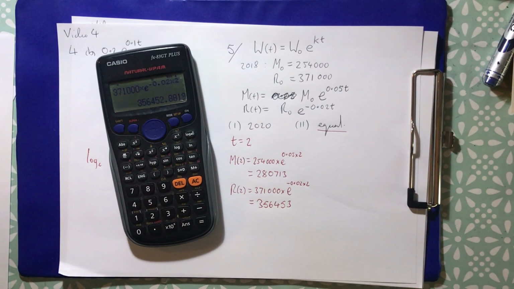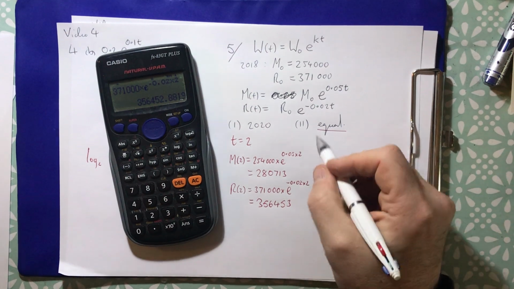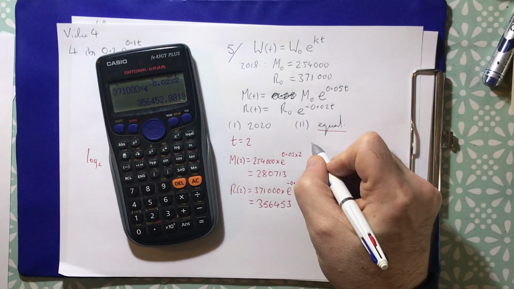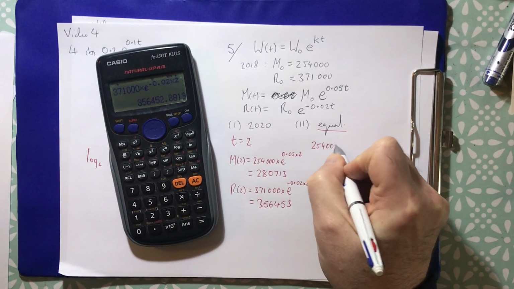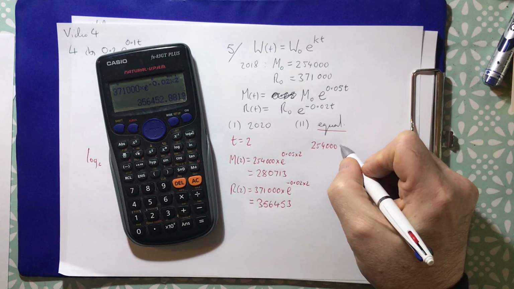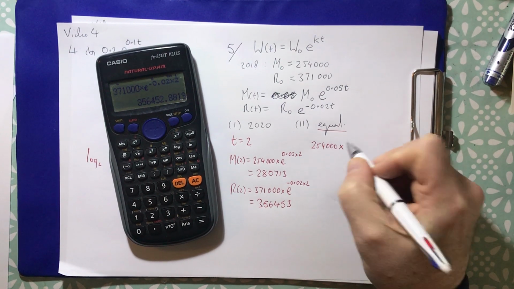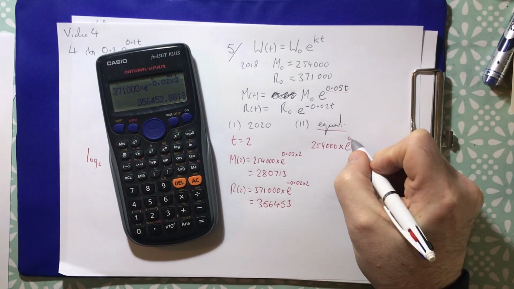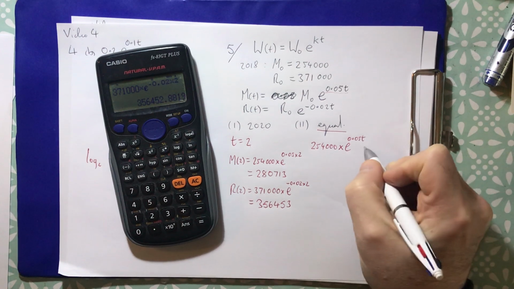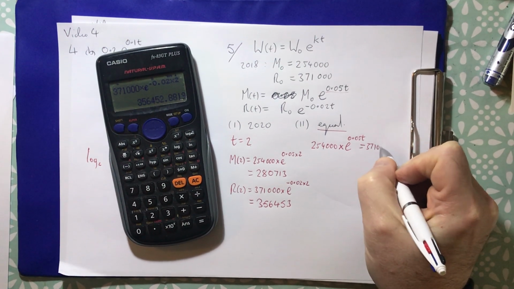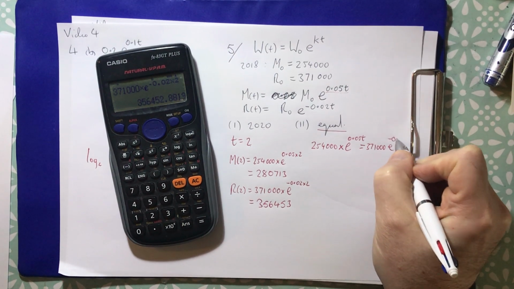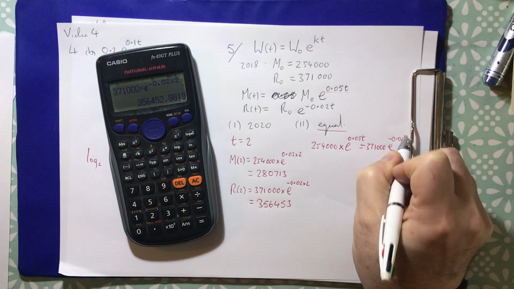Second bit says, where are these two equal? Okay. So what we've got is 254000 times e to the power 0.05t equals 371000 times e to the power minus 0.02t.